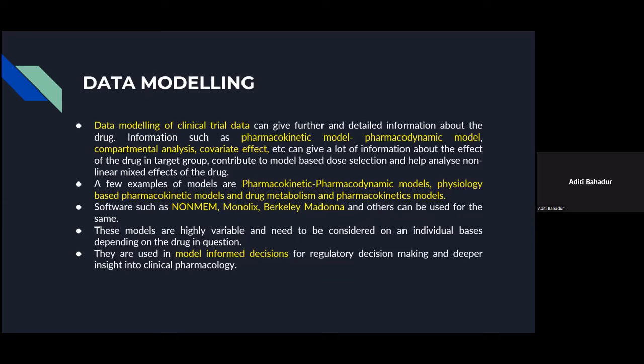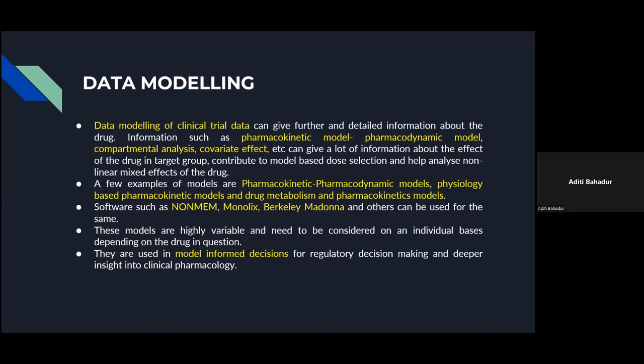And drug metabolism and pharmacokinetic models, or DMPK models, is where you understand the pharmacokinetics in relation to drug metabolism. And this data modeling can often be very complex, because there's no one size fits all approach in data modeling.